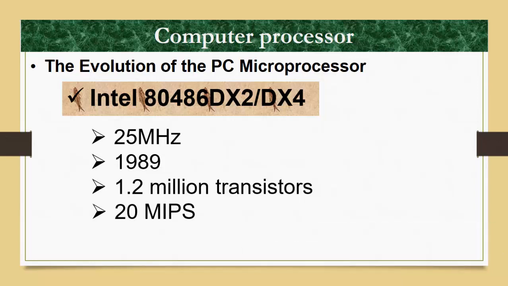The processor also introduced a number of innovations, including the inclusion of processor cache, L1 or level 1 cache, on the processor chip, the introduction of burst mode memory access, and for the first time an integrated math processor.